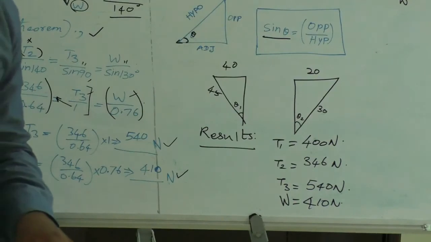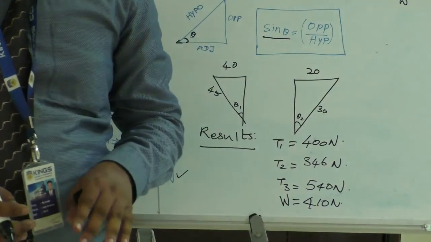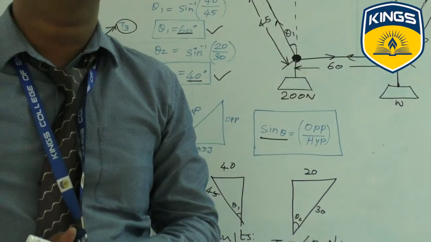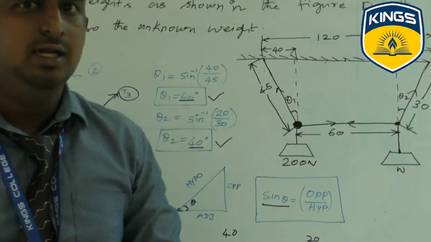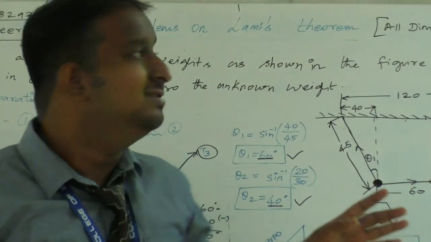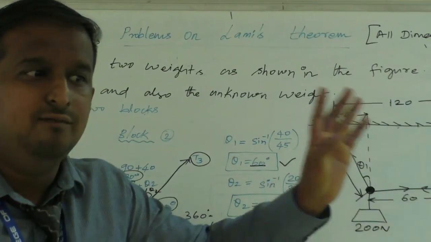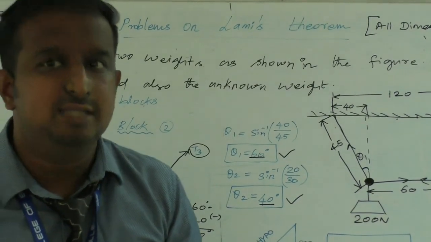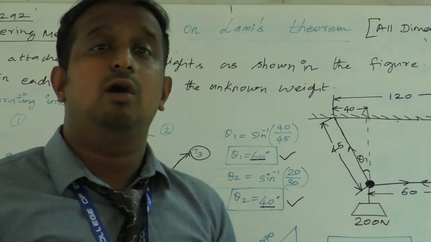This way we can apply Lami's theorem problem in an alternative way. And this is also not the end, because in Lami's problems we have a variety of ways to ask the questions. We have a lot of possible questions.